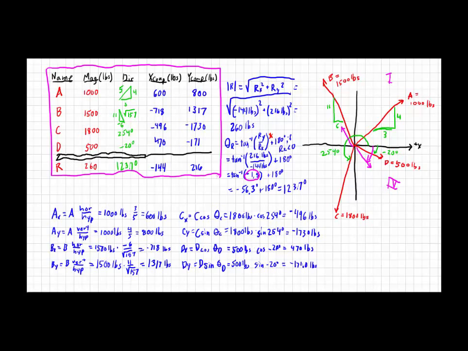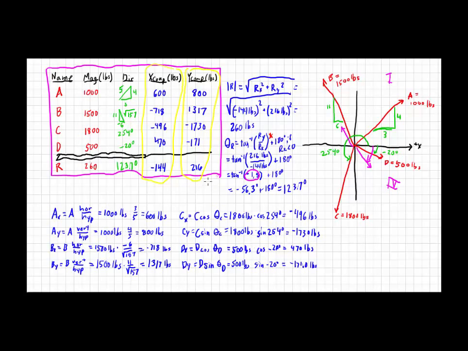Now notice carefully that these columns actually represent the summation of forces. So this column represents the summation of all the x forces to the resultant, and this is the summation of all y forces to the resultant. So if we have a resultant that ends up being 0 here and here, then we know that we have a system that is in equilibrium.